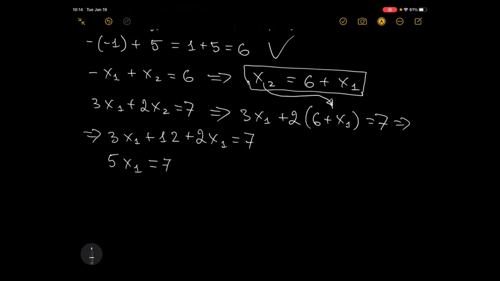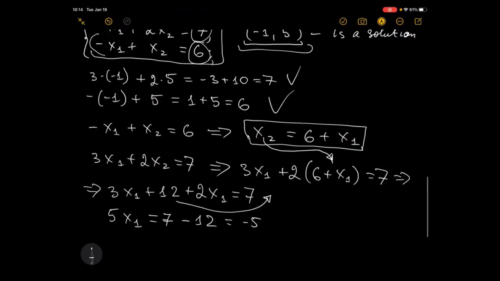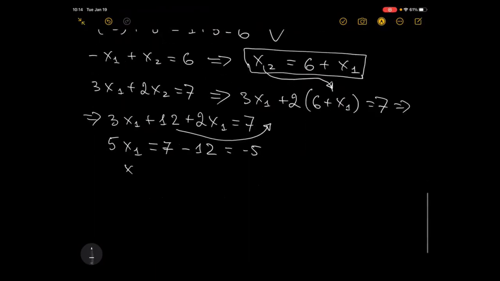Because it will be 7 minus 12, right? So it's -5. So 5x1, I divide both sides by 5, and I'm getting that x1 is equal to -1, right?